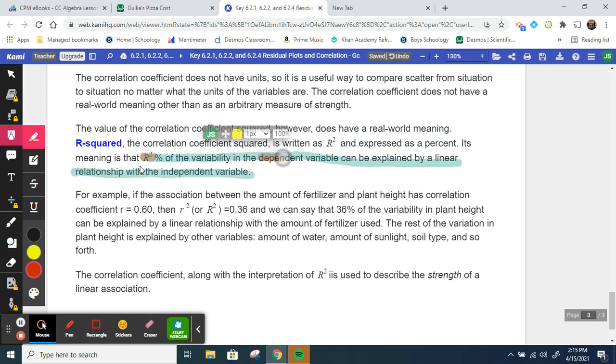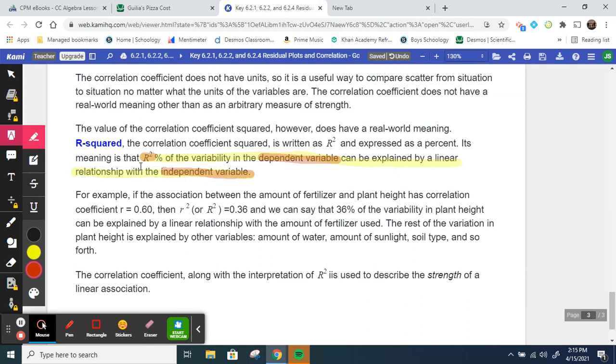And then in each context, what is the dependent variable? What is the independent variable? So in Julia's case, we're talking about cost and number of toppings. For example, if the association between the amount of fertilizer and the plant height has a correlation coefficient of R equals 0.6, if I square it, I get 0.36.